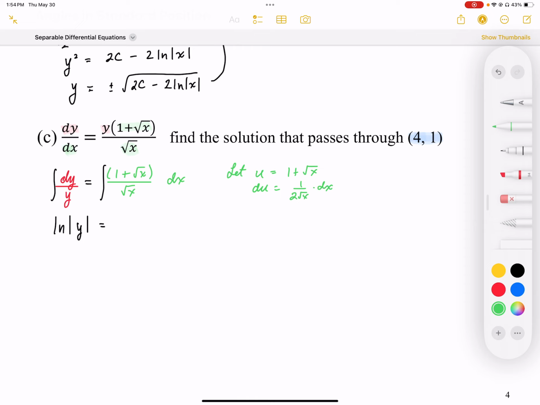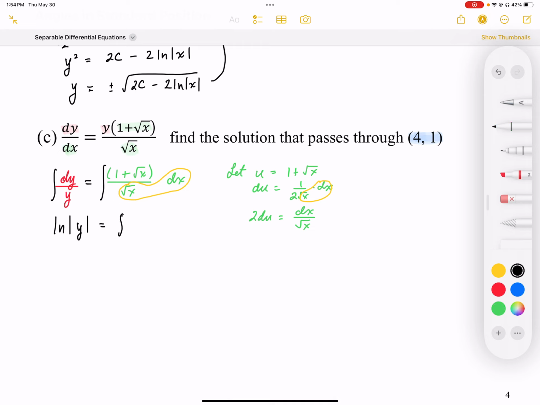Now we only have, I'm just going to circle this here, we only have a dx over root x. I only want that part, so I'm going to rearrange this to 2 du is equal to dx over root x. Okay, so then now I have the substitution I want.